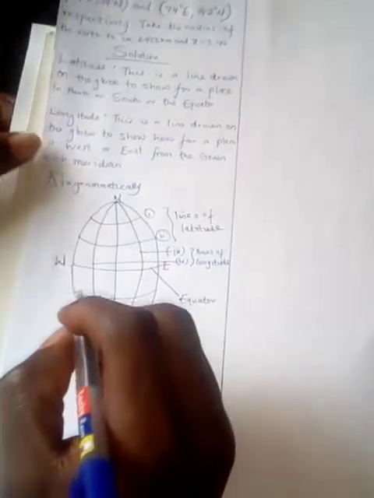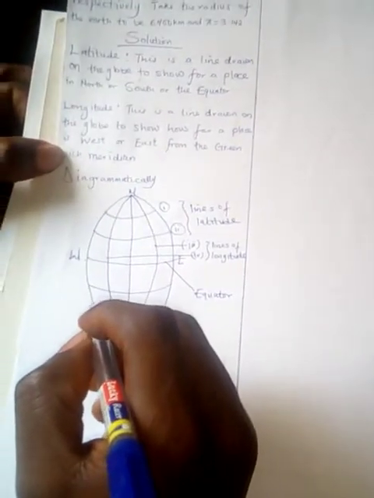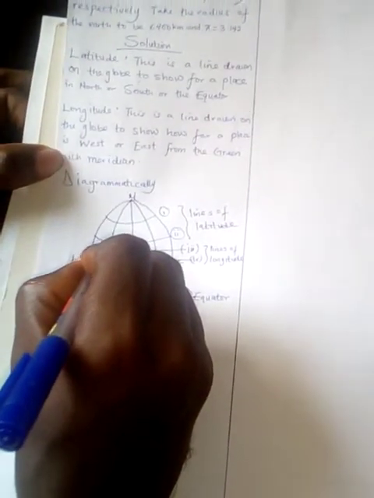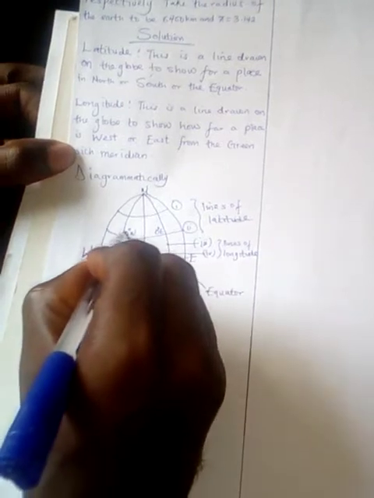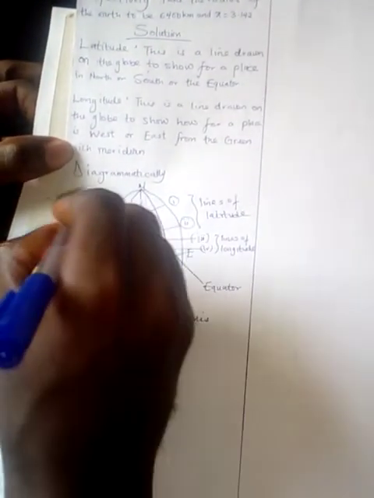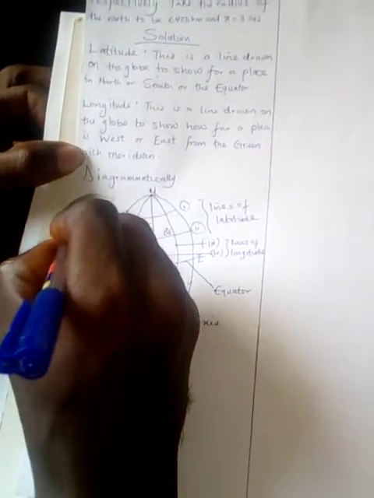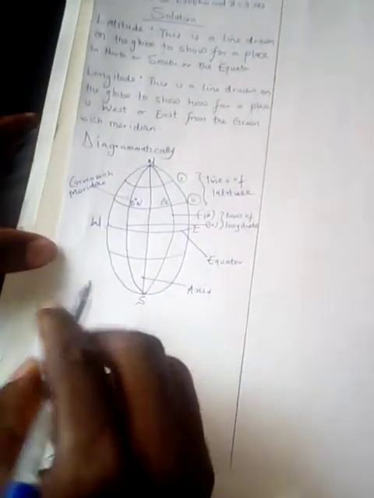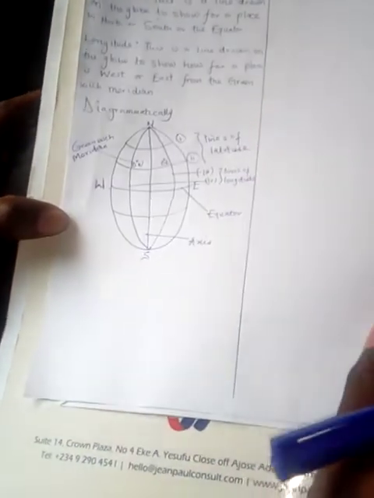For the Greenwich meridian, if I choose a standard 0 degree for the line of longitude, say this is 0 degree west and 0 degree east, this line is called the Greenwich meridian. So now I've represented this diagrammatically, and let me proceed to solve the question.